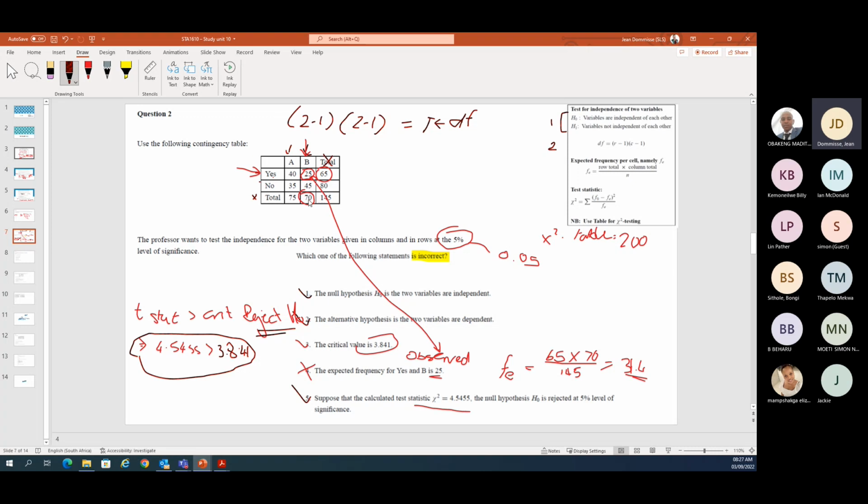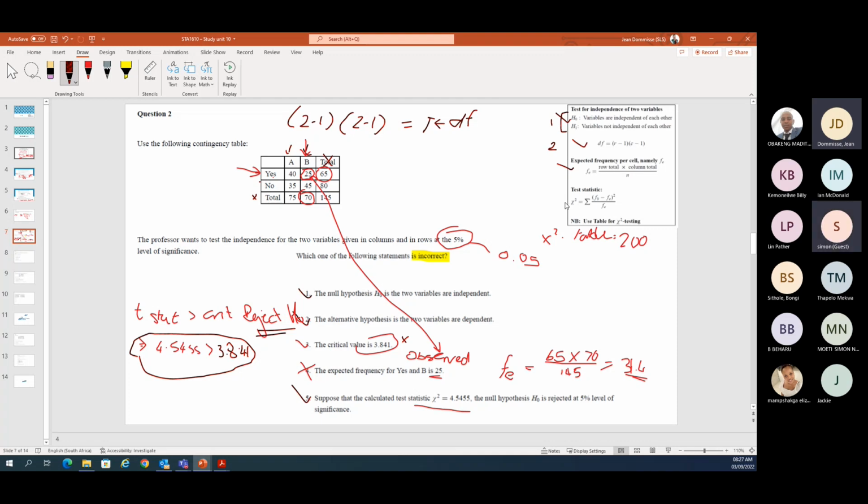Okay, so in this one question, they tested the expected value.